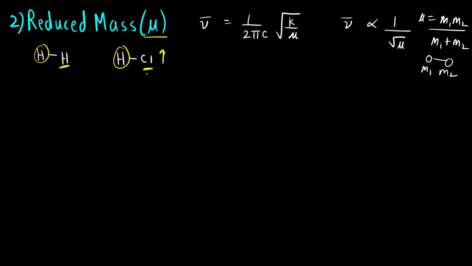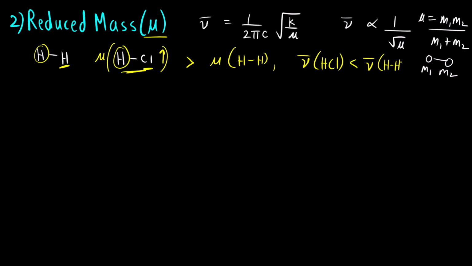So as you increase the mass, mu for HCl is higher as compared to mu for H2. Stretching frequency is inversely proportional, so higher reduced mass for HCl means the stretching frequency of HCl is lower than that of H2.